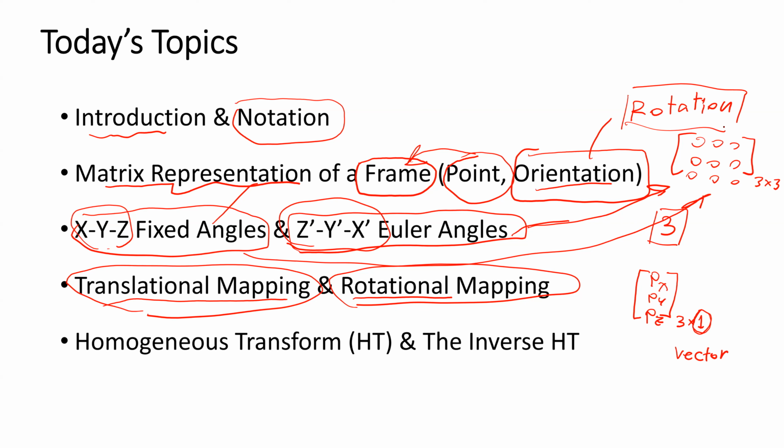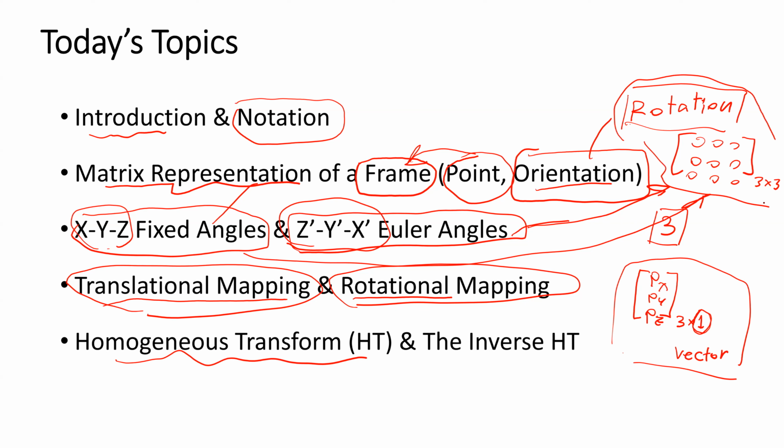The homogeneous transform is the tool that combines both the position and the orientation in the same matrix. The dimension of the homogeneous transform will be 4x4, which is composed from the position vector and the 3x3 rotation matrix.